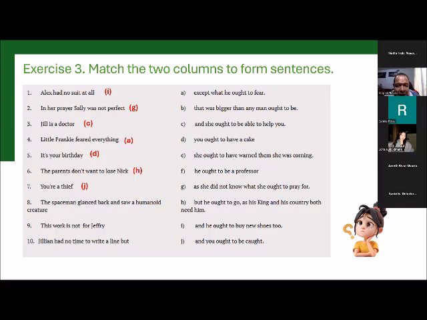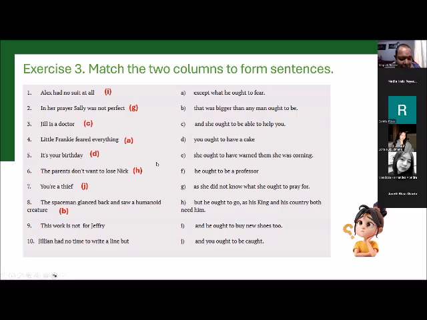What is the possible answer, Nadia? Letter B. Okay. Read the full sentence. The spaceman glanced back and saw a humanoid creature so big that was bigger than any man ought to be. Exactly. Thank you so much for your help, Nadia.